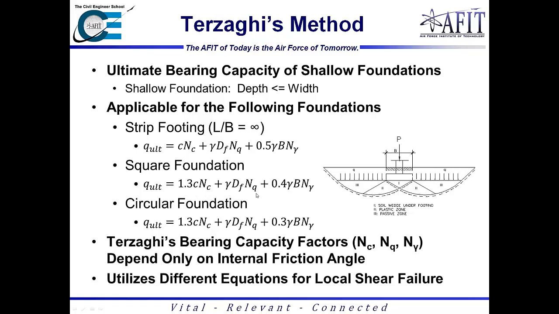Then we get into the surcharge factor, which is depth of the foundation and the unit weight. And so then we get into the actual self-weight factor, which is the width of the foundation times unit weight, and then times our self-weight factor. And so these are the three factors that go in to actually determine the ultimate bearing capacity of the soil.